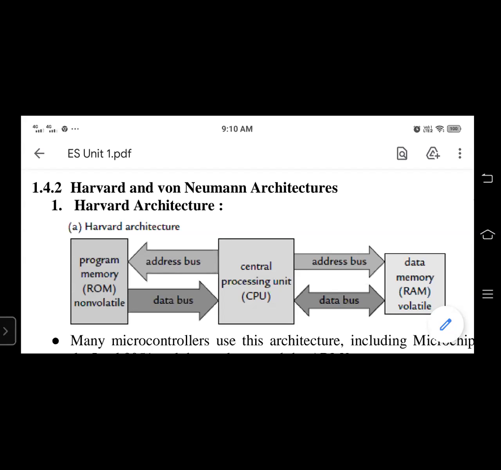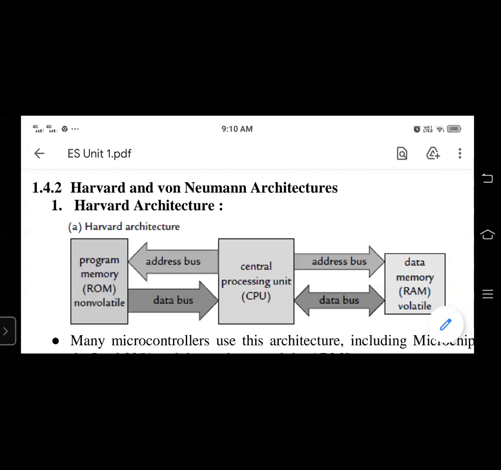Now, if you observe, RAM is volatile. Volatile means the data will be lost when the power is off. Clear? So, the address bus is unidirectional from the CPU to the data memory only, because from data memory, the addresses will not move to the CPU.